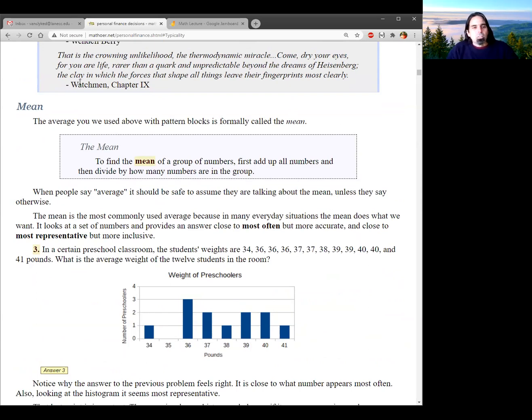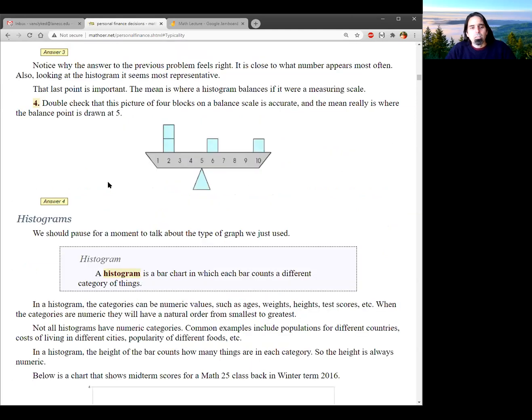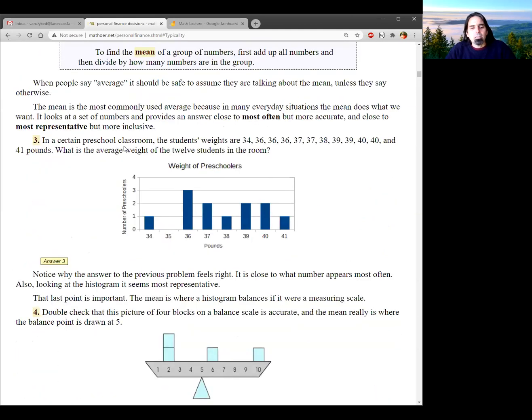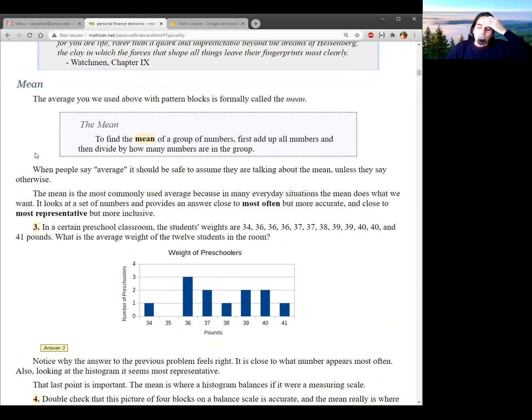The first one is the word mean, M-E-A-N. To find the mean of a group of numbers, you add them all up and divide by how many. We just did that. That's what most people were taught in elementary school to be the average. Most people, when they say the average, that's what they mean.